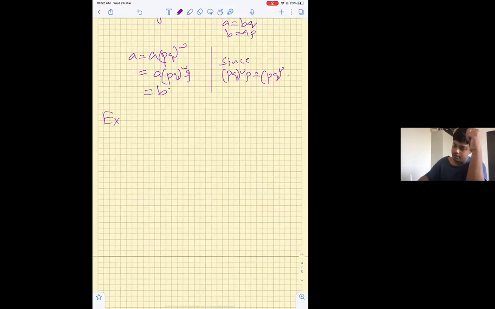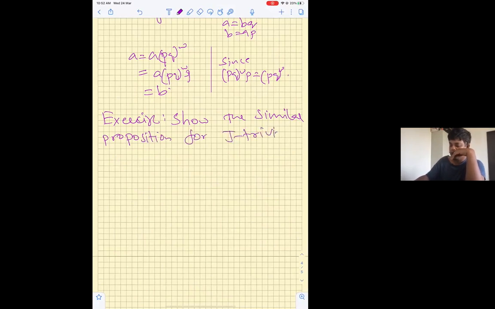Exercise: the similar proposition for J. So actually, if I want to check a monoid is J trivial, I don't need to know all the D classes. I just need to know the regular D classes.